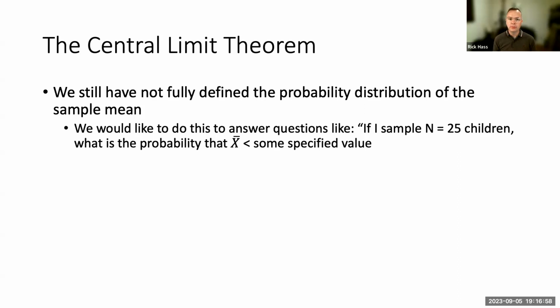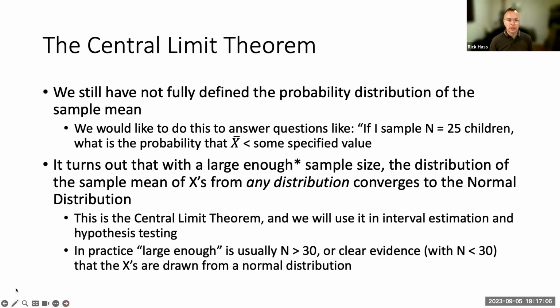And the central limit theorem is really important when we want to ask questions about sample means and other things like that, functions of sample means. It turns out that with a large enough sample size, the distribution of sample means from any underlying raw score distribution converges to the normal distribution.